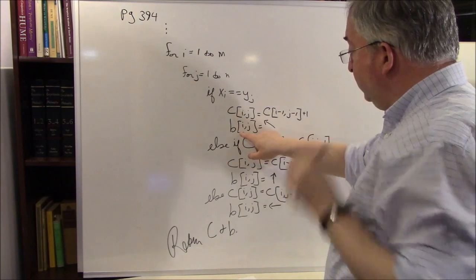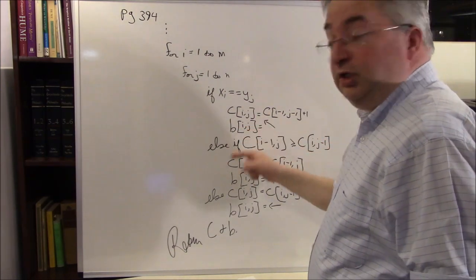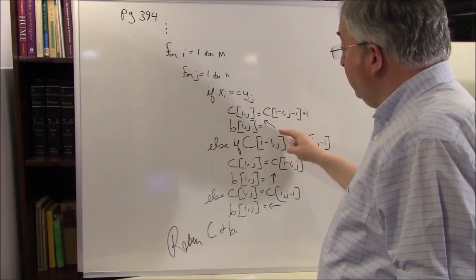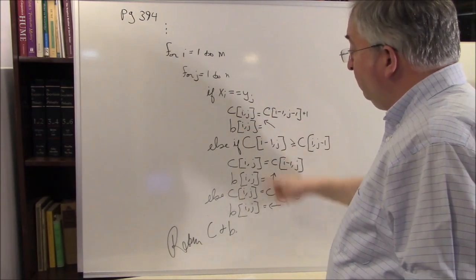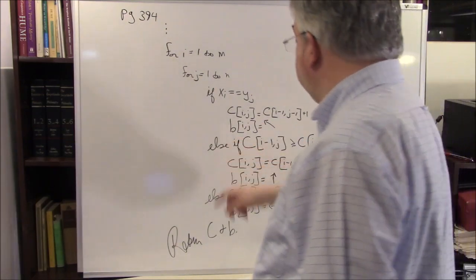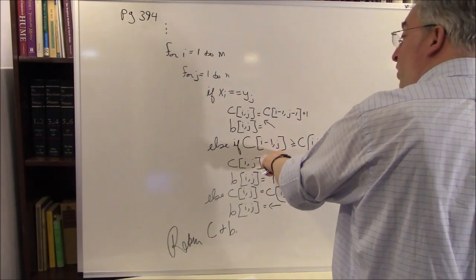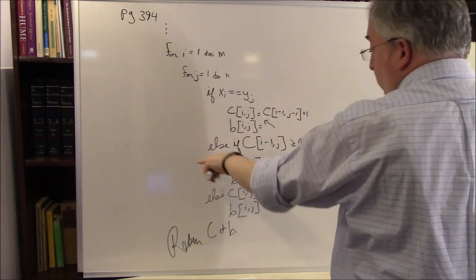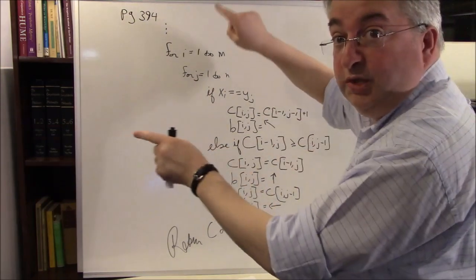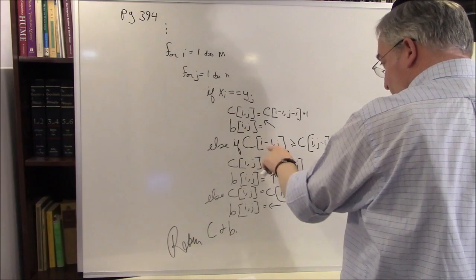And this shows you the direction you're getting. B[i,j] is one of three things: diagonal arrow, up arrow, or side arrow, so diagonal arrow. Else, if C[i-1, j], if going up is more than or equal to going to the left, in other words, we're looking at the two neighbors, we're seeing which is the max, then C[i,j] is equal to the max.